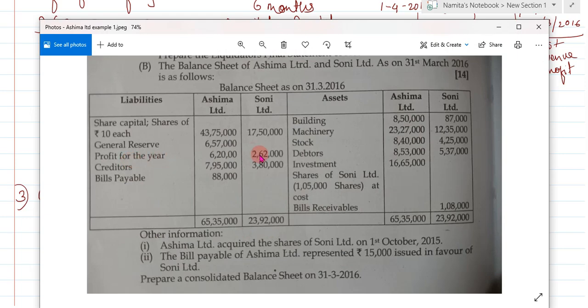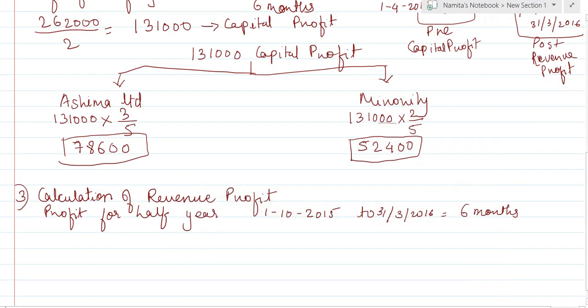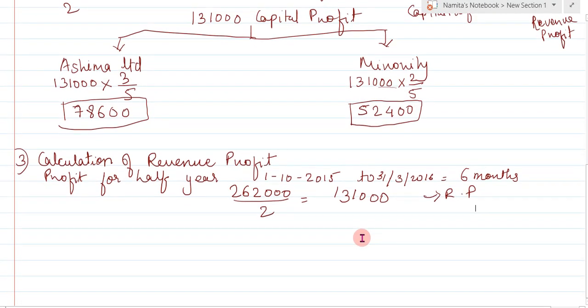And the profit for the year of Sony Limited is 2,62,000. So divide it: 2,62,000 divided by 2, so the revenue profit will come the same, 1,31,000. So 1,31,000 is a revenue profit.